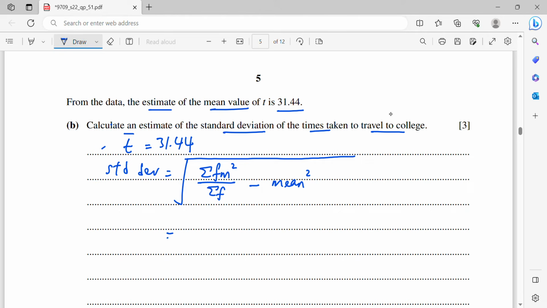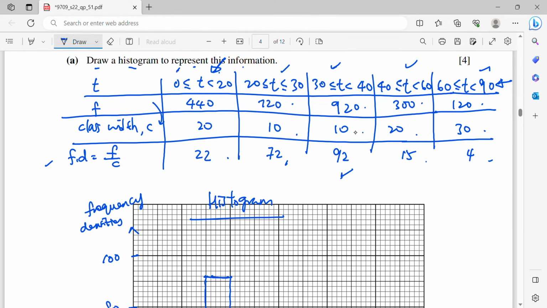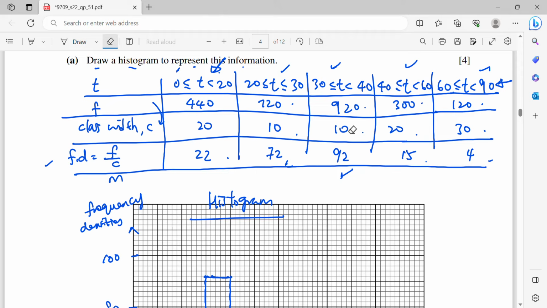So now what we need to do is get the m. So I can refer back to my previous table and add on the m. M is representing the midpoints. So I will add on the m over here. This is for the next calculation. So now my m will be the average of these two limits. Okay, so 0 plus 20 is 20, divided by 2, I will get 10.